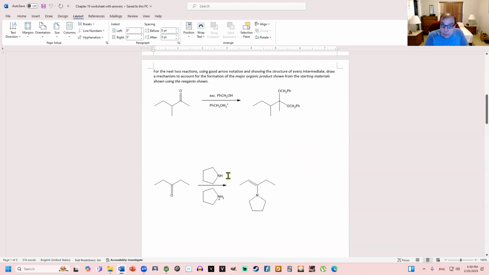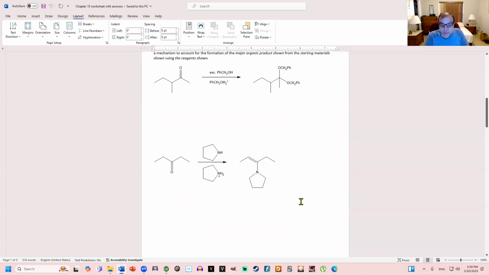So we know in both of these, we'd better draw our mechanisms in such a way as to make sense in acidic conditions. The product at the end is an enamine, and that's what you will get by treating a ketone or aldehyde with a secondary amine in the presence of an acid catalyst. Once again, we will lose a molecule of water.